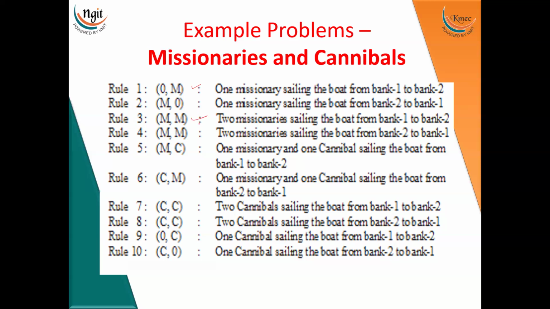Similarly, 2 missionaries from bank 1 to bank 2, and bank 2 to bank 1; one missionary and one cannibal; 2 cannibals; one cannibal. When we are framing the rules, cannibals should not outnumber missionaries. That condition is already mentioned in the problem. In that way, we have to frame the rules.